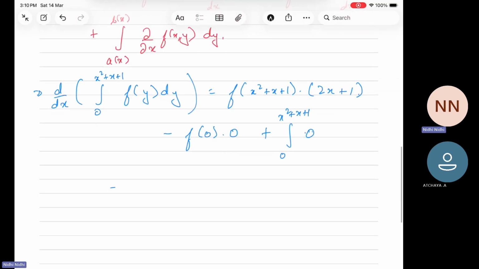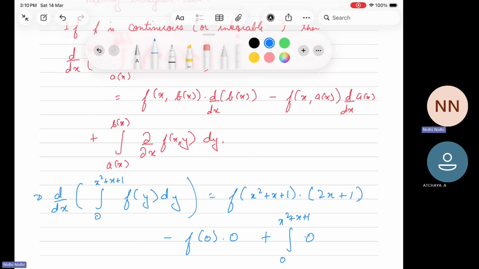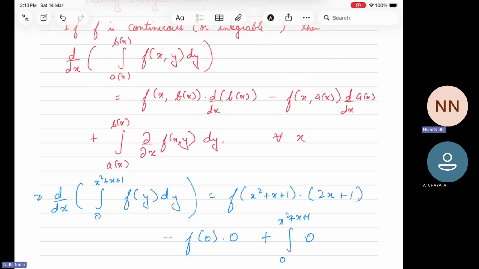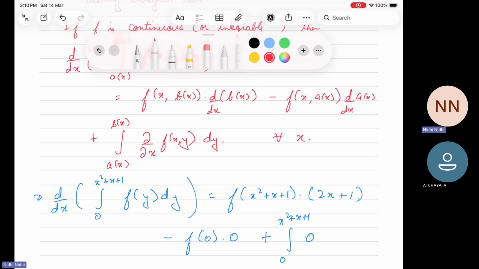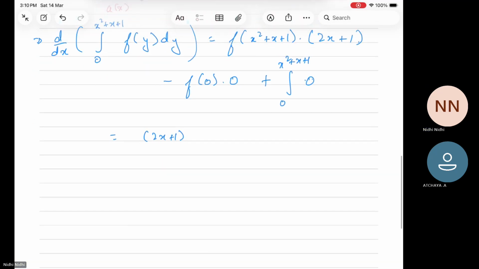So this is equal to just 2x plus 1 times f of x squared plus x plus 1, for every x wherever the function is well defined.